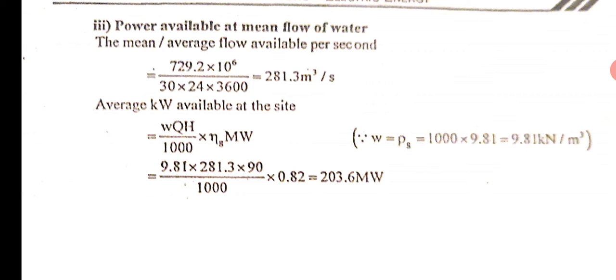So you get the value as 203.6 megawatt. This is the average or mean power available for the mean flow of water. The mean flow was calculated considering the flow for all 12 months divided by 12, so this is the power we can develop continuously. Okay, thank you.